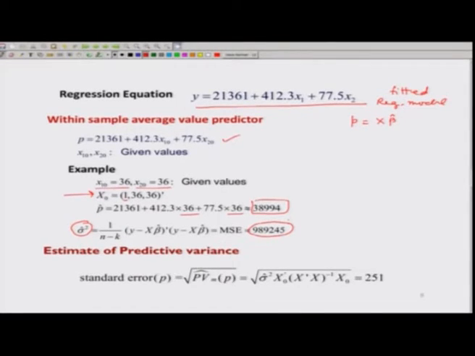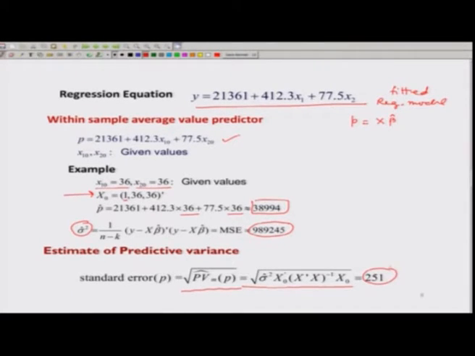Now, we would like to find the standard error of this predictor. You may recall that we had derived the expression like this. I substitute here the values of x naught and the values of x, which are obtained from the given set of data, and we obtain a value which is approximately 251.